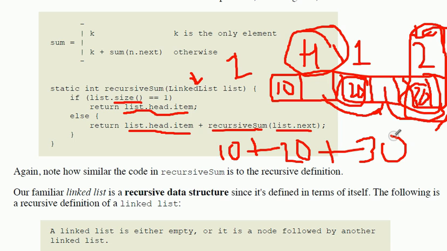Otherwise there will be an error. So 10 plus 20 plus 30, which will give you 60 at the end. So this was when the first time the method ran, this time was the second, and this one was the third. I think by now you already know how recursion works.